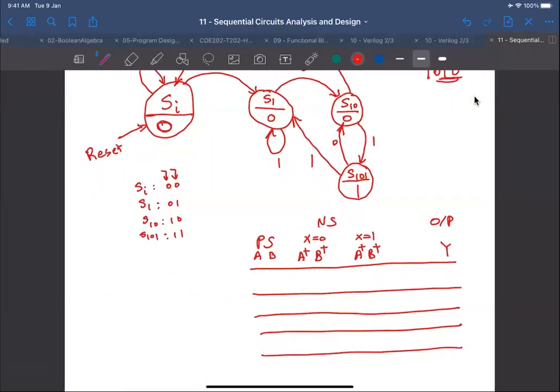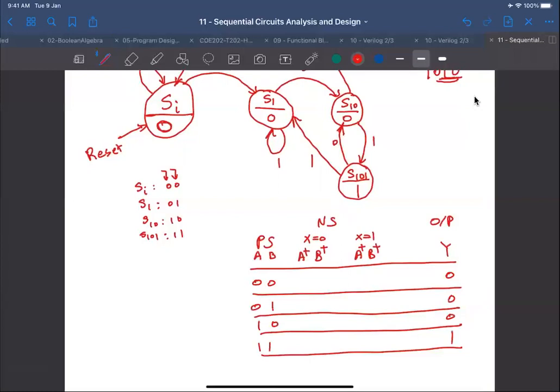Okay? So we have 00, 01, 10, 11. These are the states. Now, for A plus, let's do the output first because it's easy. The output is always 0 except in state 11, which is 1.